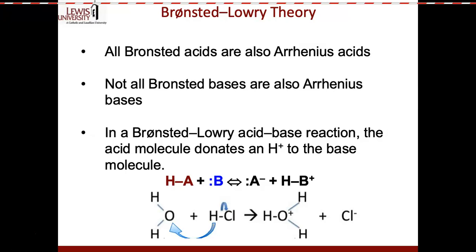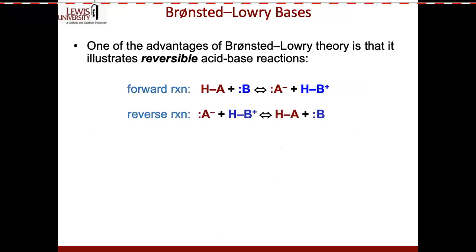Well, water, and we're looking at this from the standpoint of the proton, water is accepting the proton, right? Bronsted-Lowry theory looks at where the proton goes, not the electron, and the proton moves the opposite of the electrons. So water is accepting the proton, HCl is donating the proton, so that makes HCl our acid, and it makes water our base in this instance, okay?